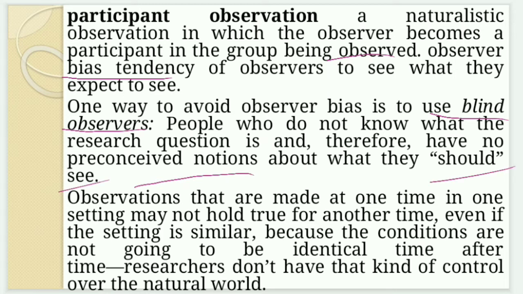Observations that are made at one time in one setting may not hold true for another time, even if the setting is similar, because the conditions are not going to be identical time after time. Researchers do not have that kind of control over the natural world.